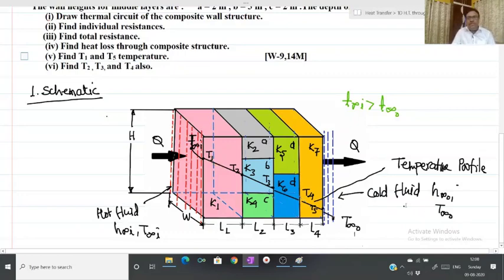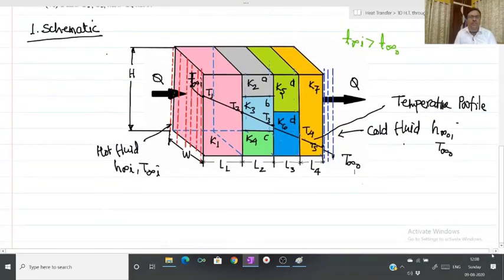So with this, I could represent all the important parameters which are going to affect the heat transfer rate for the given system: all the thickness, depth of the wall, temperatures, and convective heat transfer coefficient.